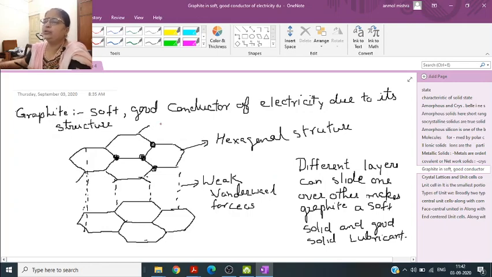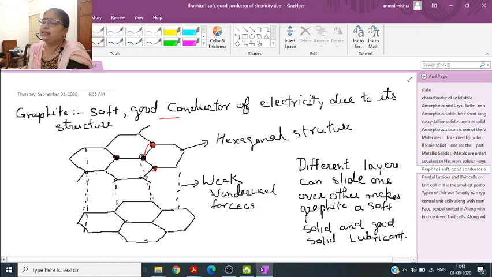Now the second allotrope of carbon is graphite. It is soft, good conductor of electricity due to its structure. You can see here that one atom of carbon is linked with 3 carbon atoms. The fourth valence of the carbon remains free and that is attached by weak van der Waals forces of attraction with the other layer.